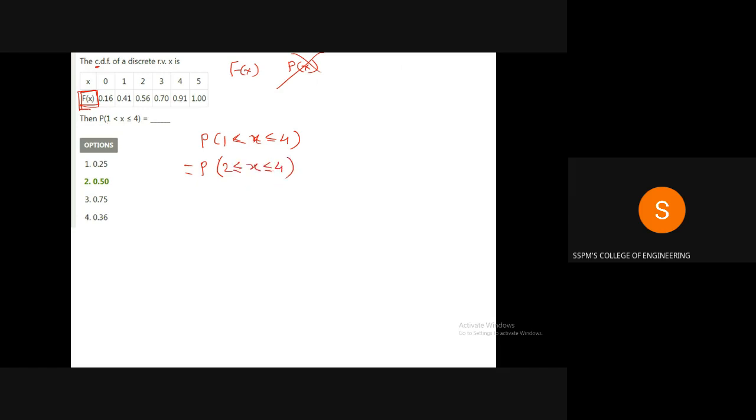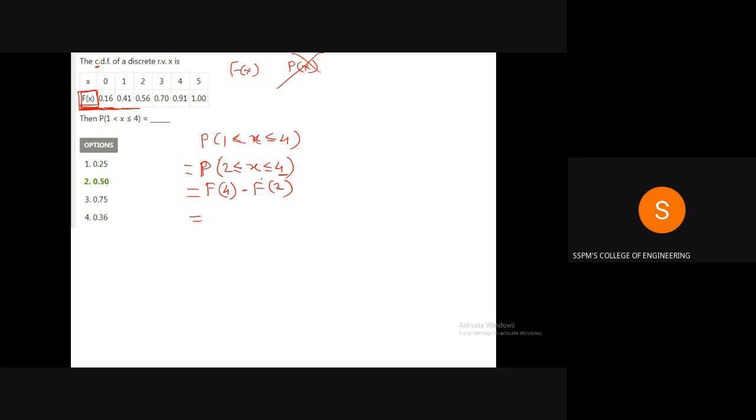When the cumulative distribution function is given, we can directly calculate this like this: F of the maximum value, F of 4, minus F of 2. The difference between them is the probability. So F of 4 minus F of 1.